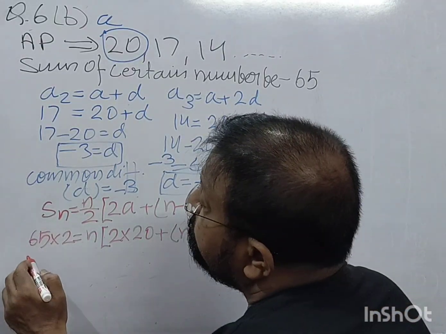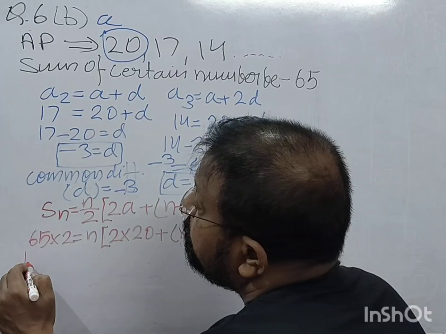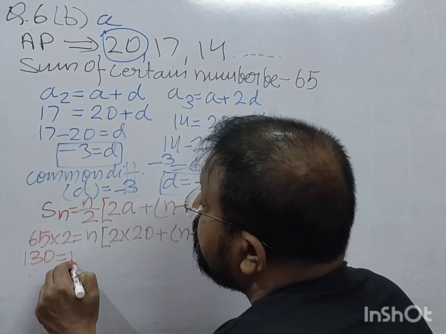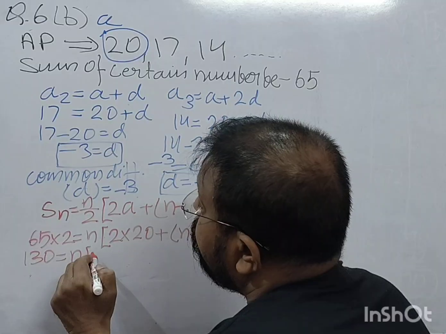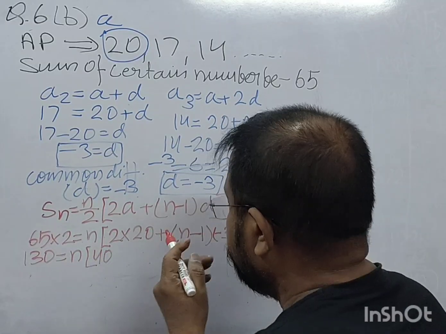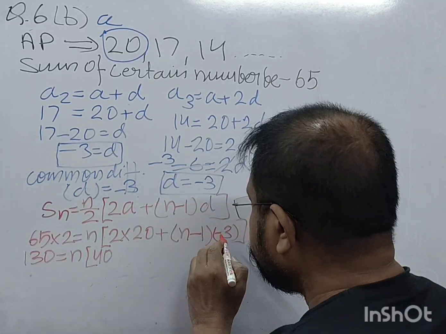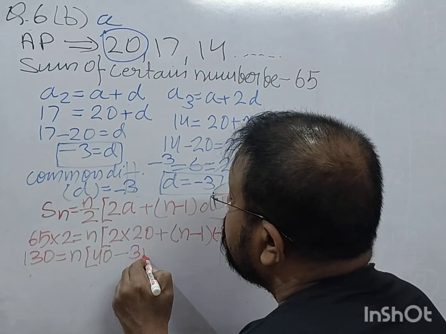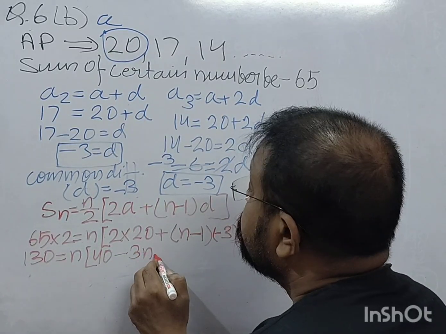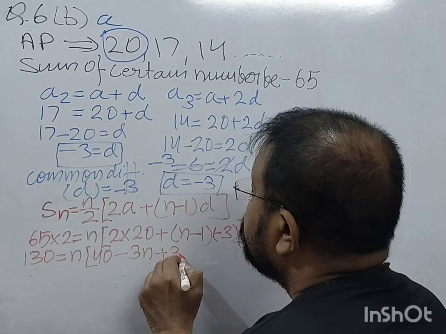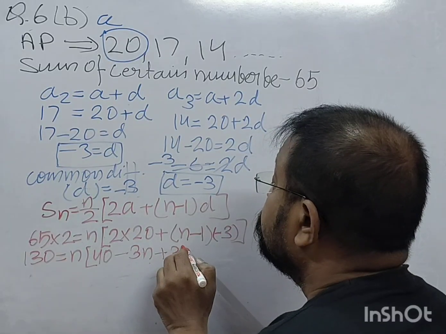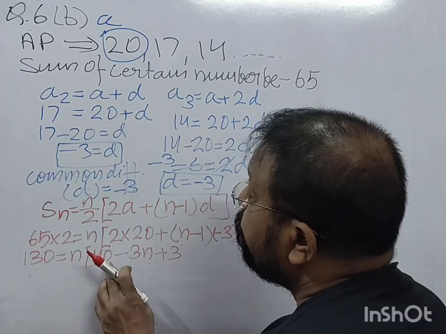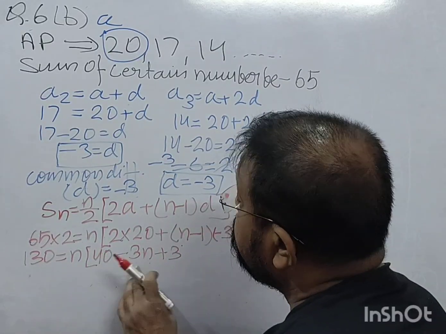So now how much will you get? It is 130 is equal to n bracket 40 minus 3n plus 3. Is it? This plus 3 and 40 becomes 43.